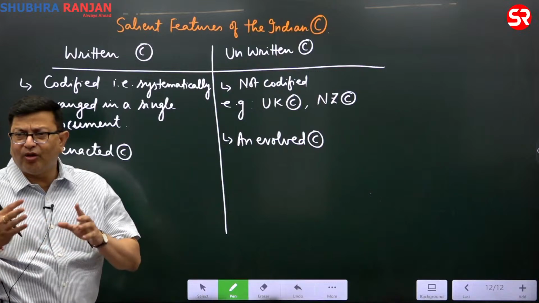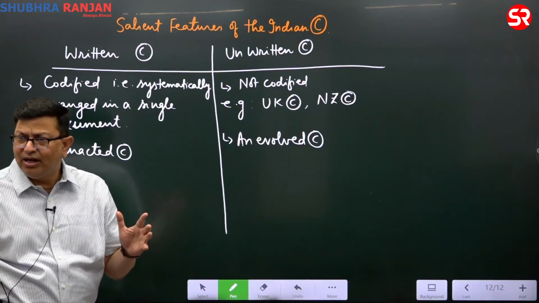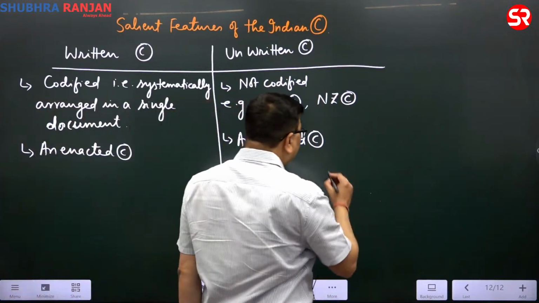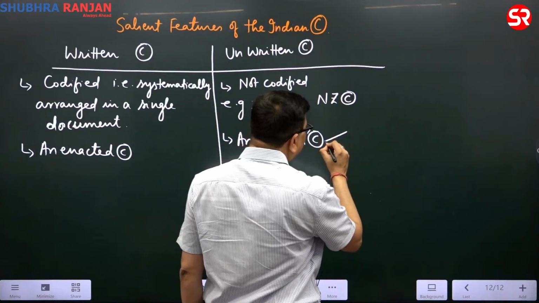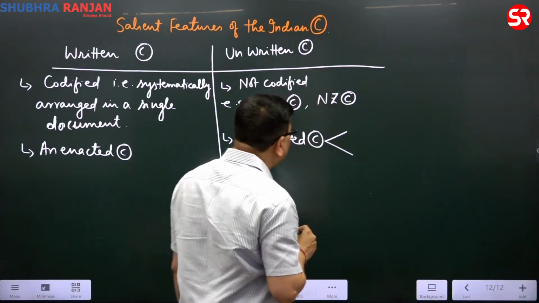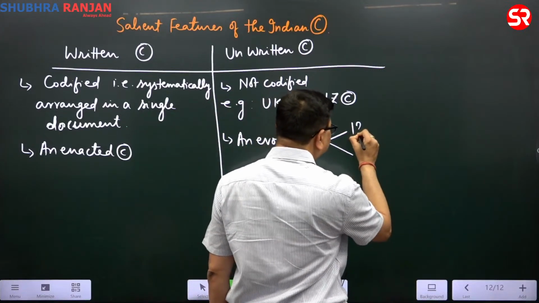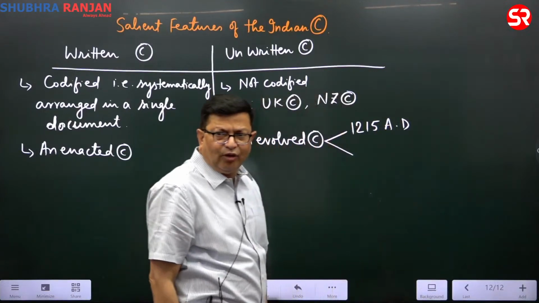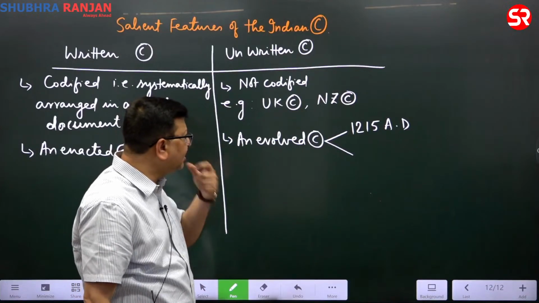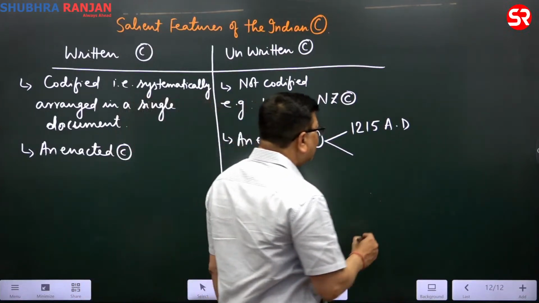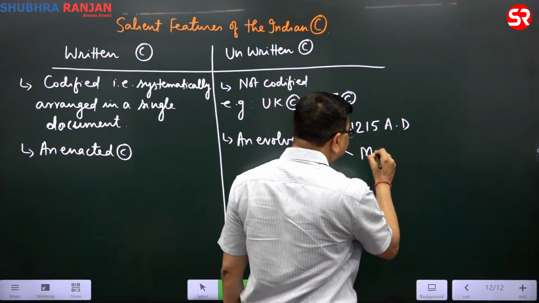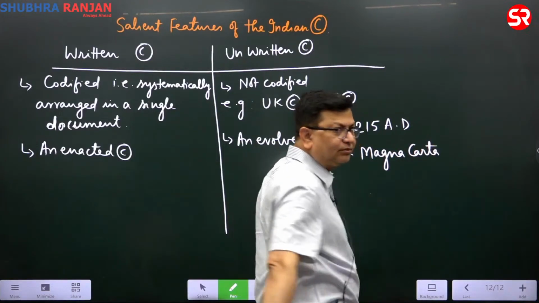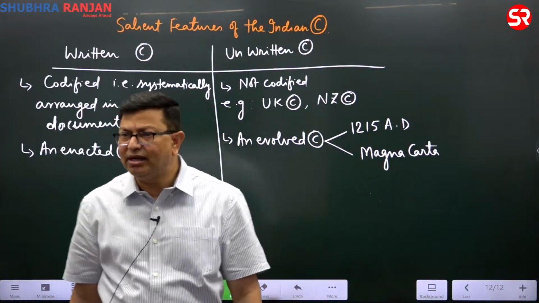Means it is not that a group of people sat down together and in 1 hour, 1 year, 2 years they took and they wrote the constitution. For example, you can write it. The English constitution or the British constitution started evolving since 1215 AD, that is the time of Magna Carta.